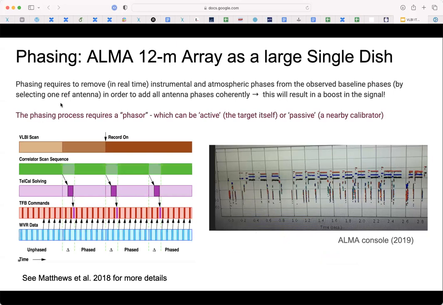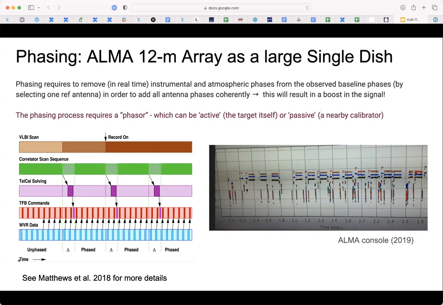For the phasing, you have to remove in real time the phase differences between each antenna and a reference antenna, and then you add them coherently. And this results in a boost in the signal. So this is a screenshot that I took some years ago, which is really exciting to see in real time, where you see the low one is the unphased signal.